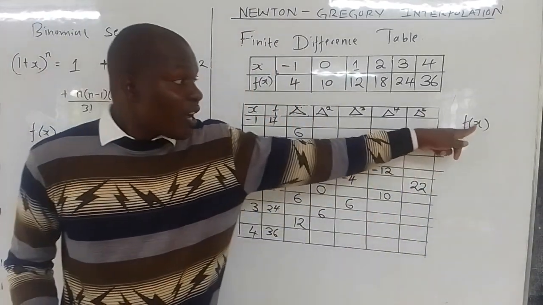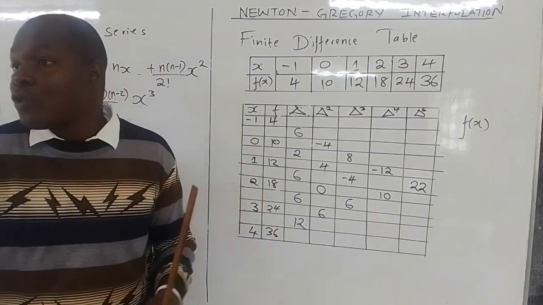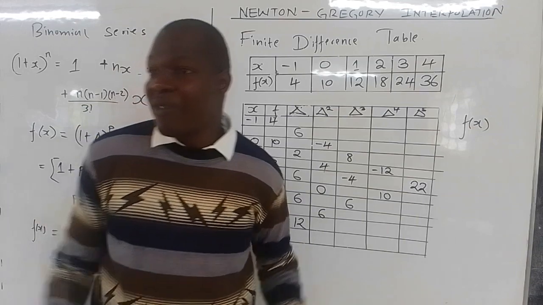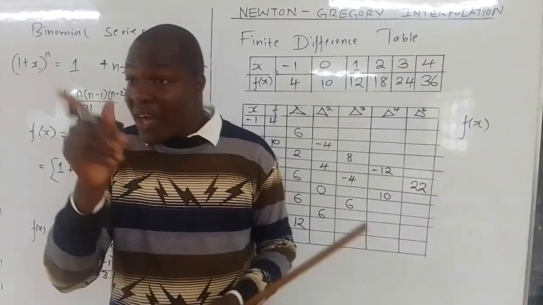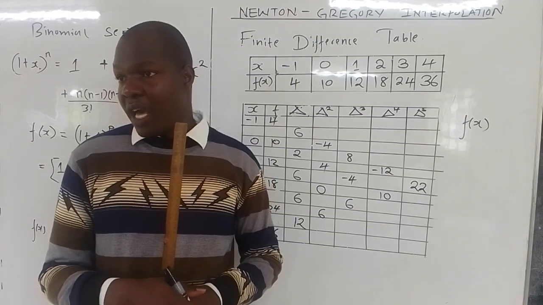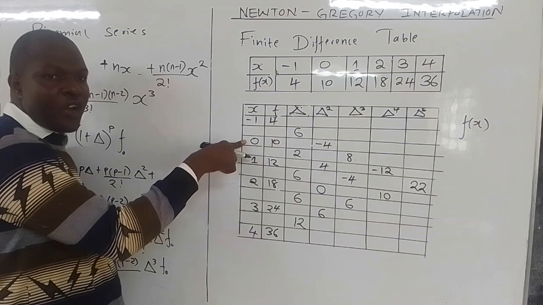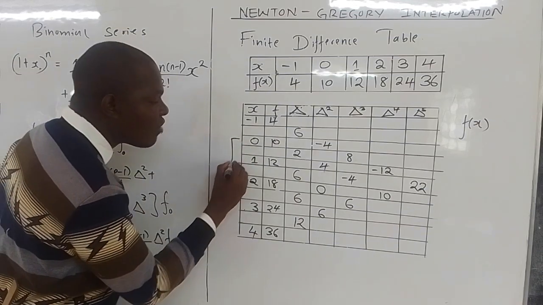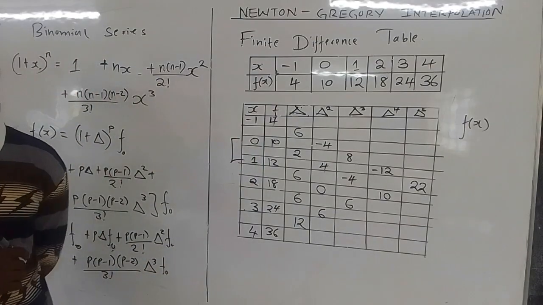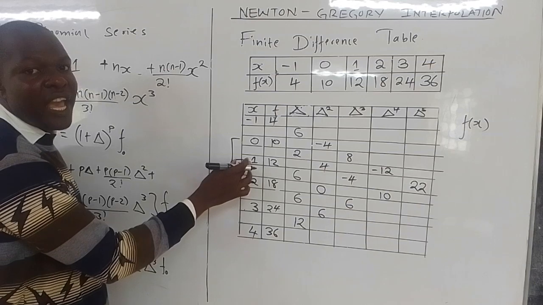So if you are looking for f of x, not f of 1 or f of 2, just generally f of x, look at a point where there is 0. It's easier to work with. Here I have 0, so it is easier to evaluate at this point. The x value is 0 and the next x value is 1.